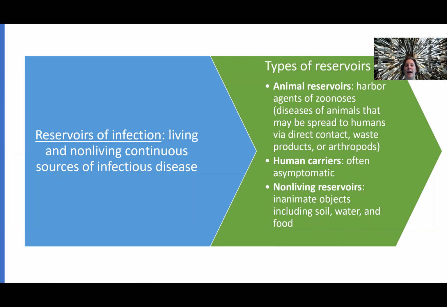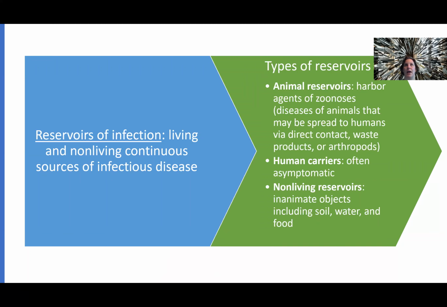But we do have animal reservoirs. So there's been a fair amount of discussion about if there is an animal reservoir of this virus. And we know that animal reservoirs are present. We think about certain types of influenzas. So we would call those zoonotic diseases, ones that can move between animals and humans. So obviously that could be a direct contact.